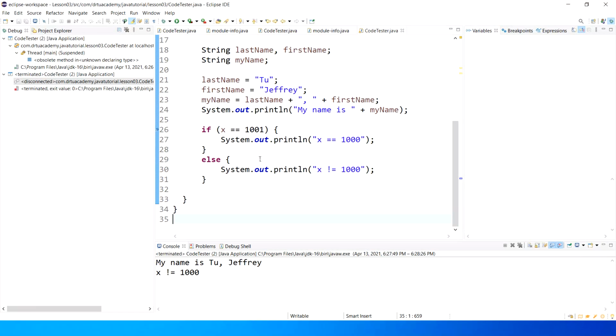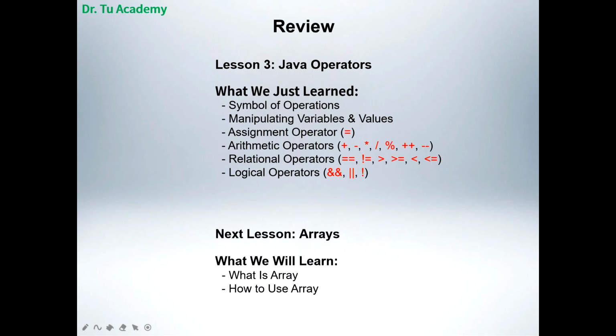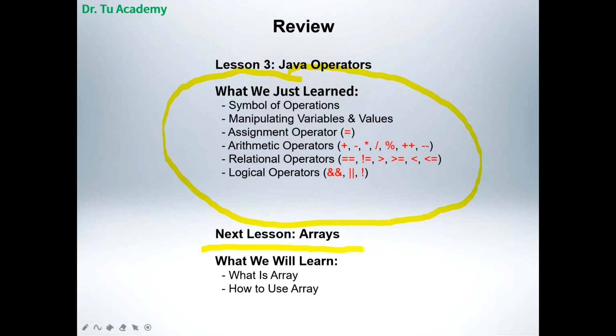We are going to use it a lot in our programming. We have learned how to use operators to do data manipulation. And the next lesson will be arrays. We'll learn how to use array and what is array.